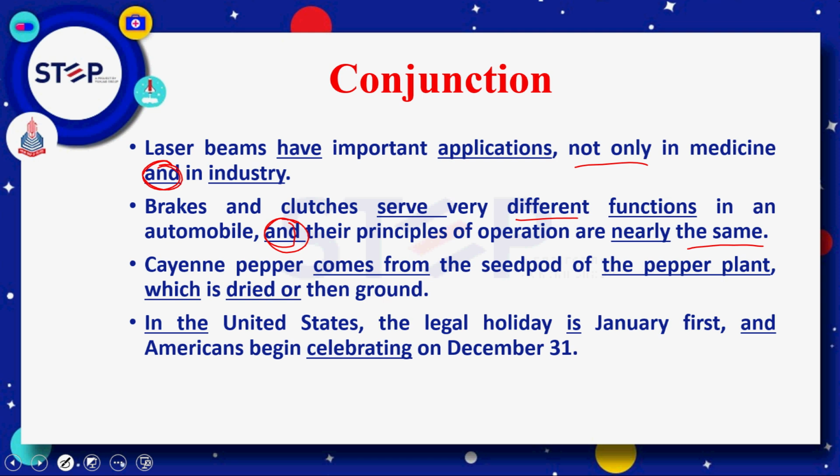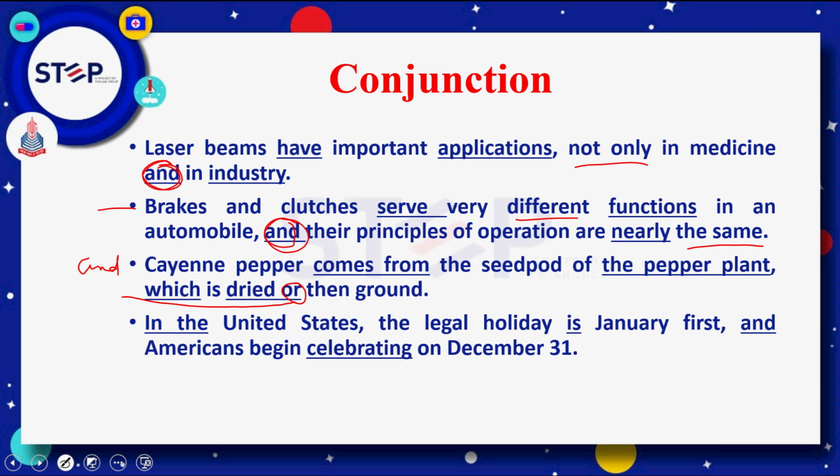Cayenne pepper comes from the seed pod of the pepper plant, which is dried or then ground. This or is wrong. It should be and, because in the previous example there was a shift in the sentence, and over here there is the flow of the sentence. So we need the and, not or.